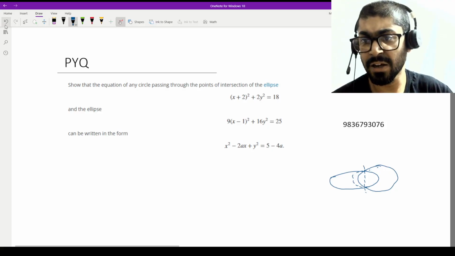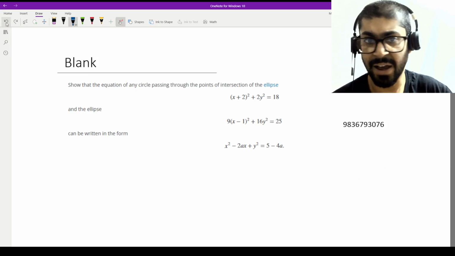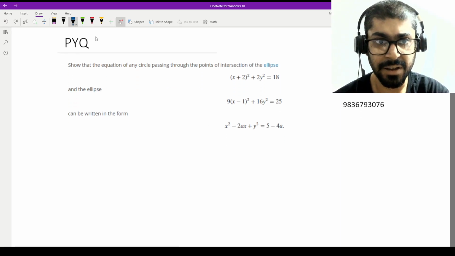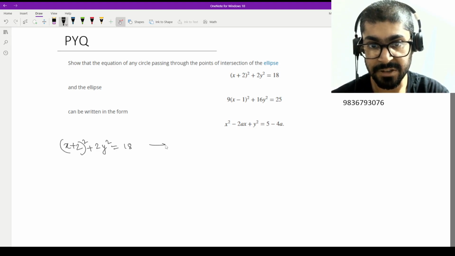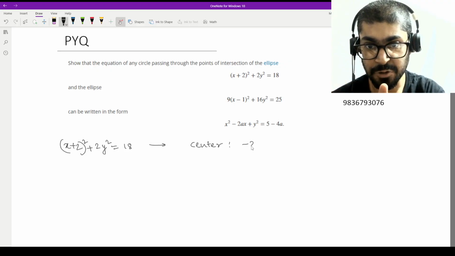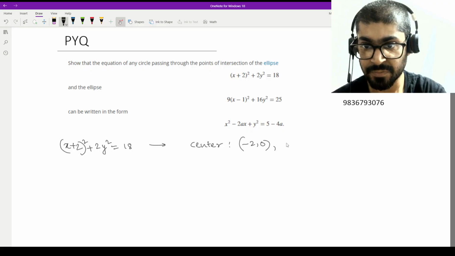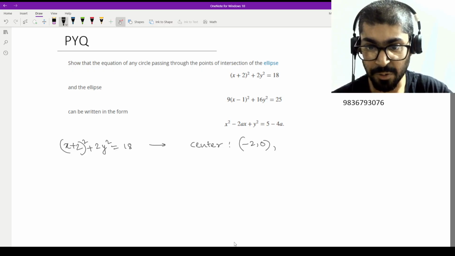So we will figure out how these ellipses look. Now, you know how we read the center and the length of the axes of the ellipse. It's quite easy. If the equation is (x + 2) whole square plus 2y square equals 18, this gives us the information that the center of the ellipse is at x = -2, and y has no associated shift, so the center is (-2, 0). And the length of the axes, the major axis and the minor axis, we have to calculate.